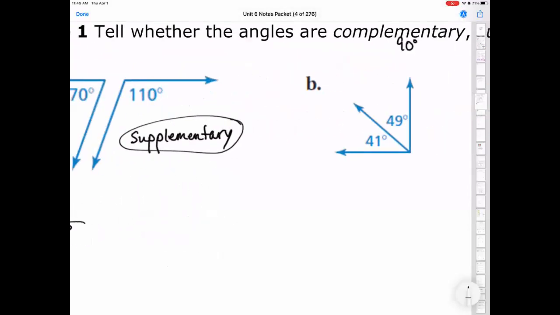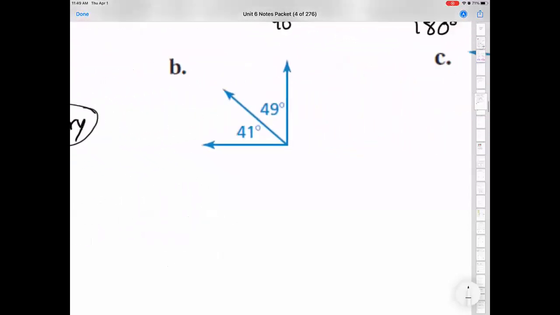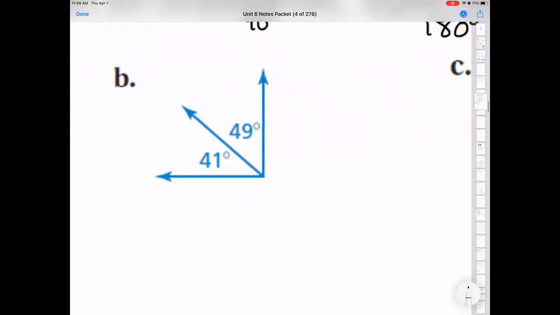All right, next up, we have 41 and 49. So if I take my angle measure of 41 degrees and I add on my angle measure of 49 degrees, and I add these two together, 1 plus the 9, I get a 0 there, carry the 1. 1 plus 4 plus 4, we get 9. So there's 90 degrees.